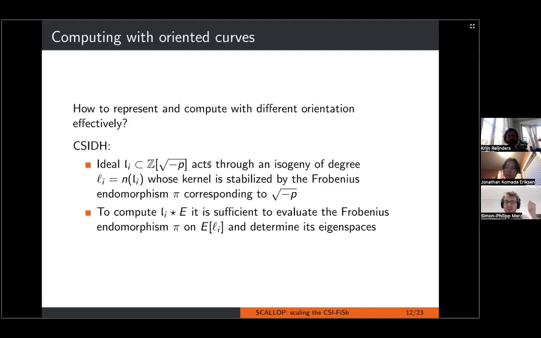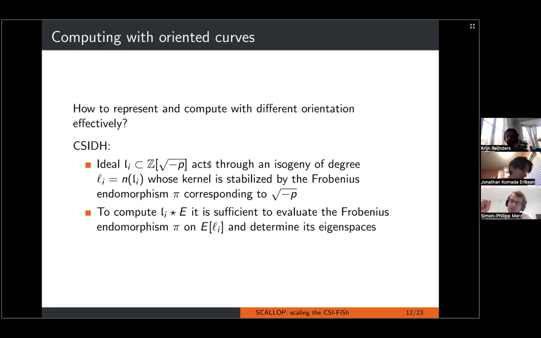In CSIDH, if you have an ideal of some norm ℓ_i, then we know that the isogeny that we want to compute to get from one curve to another is stabilized by the Frobenius endomorphism that corresponds to the square root of −p.